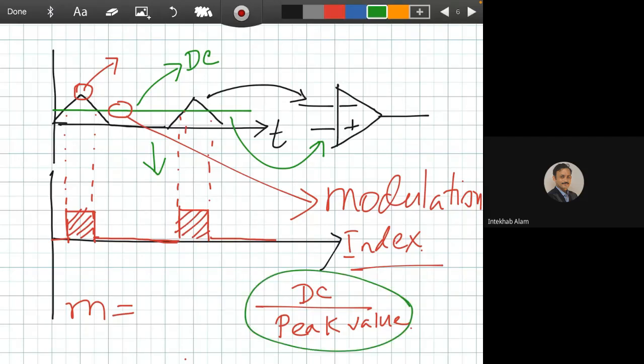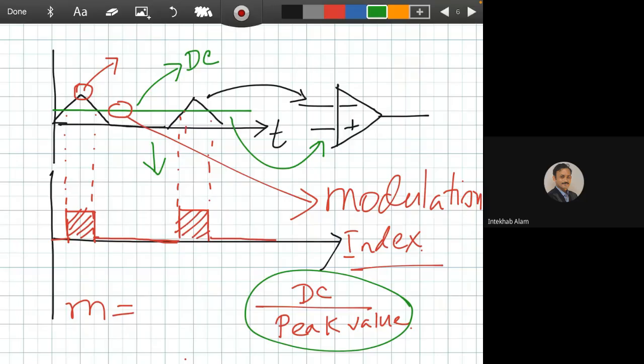Whenever the DC value is 0, the modulation index is 0, and there will be no output. And when the modulation index is 1, then you will get the peak, the full output, 100% duty cycle. So if the DC value is 0, then you get no output.